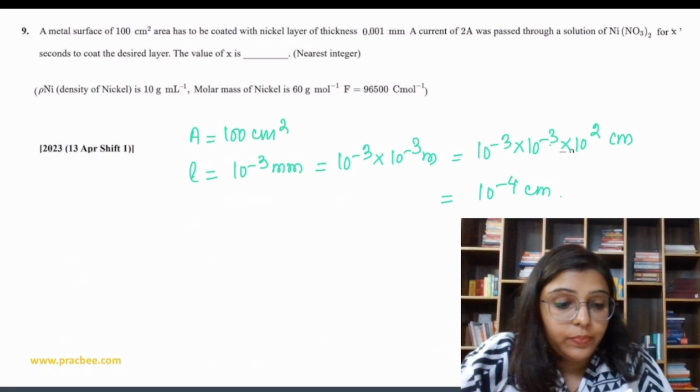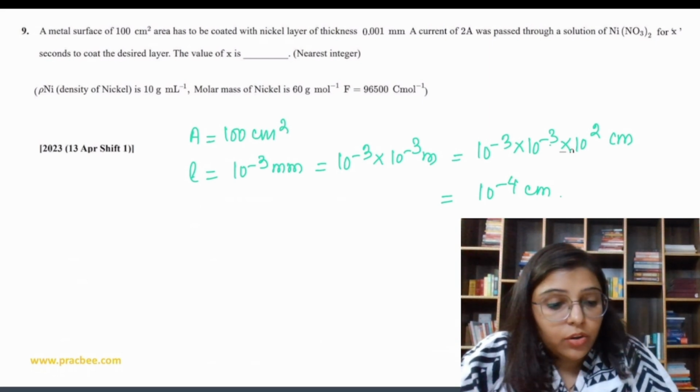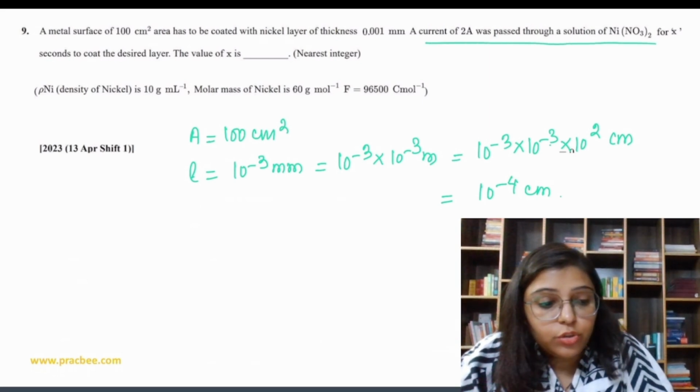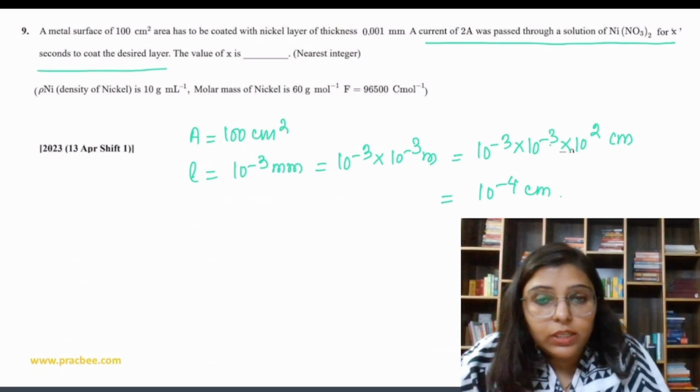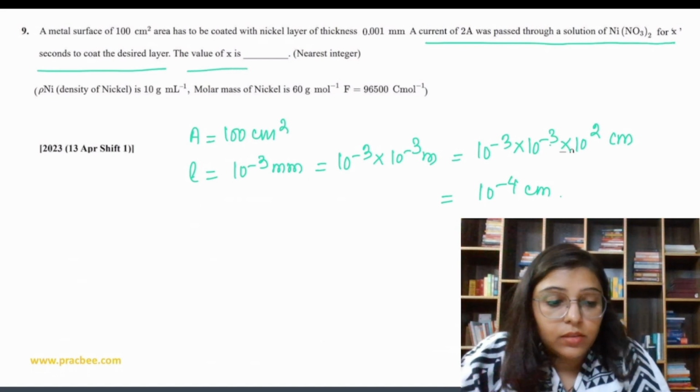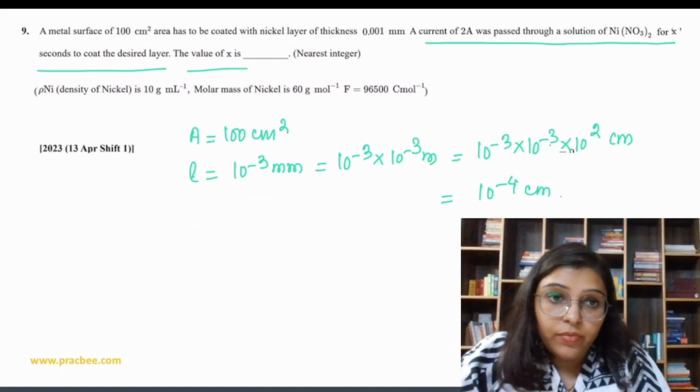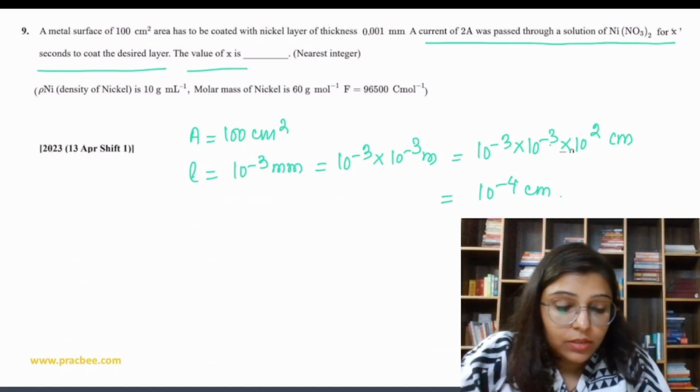So that's a length. Now a current of 2 ampere was passed through a solution of nickel nitrate for x second to coat the desired layer. So the value of x is. So this is the question of Faraday's first law of electrolysis.